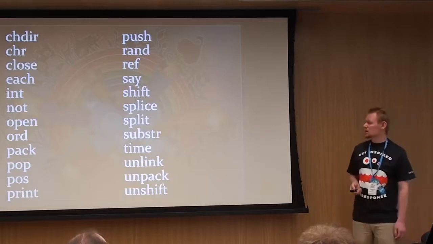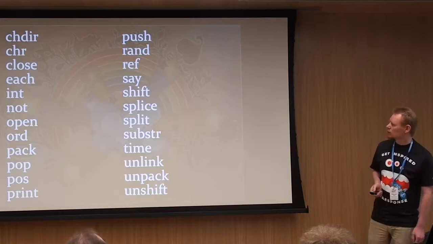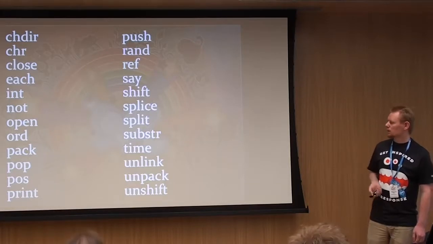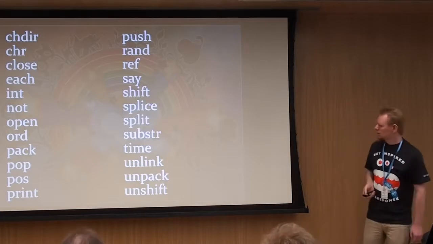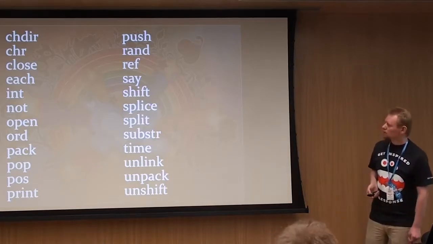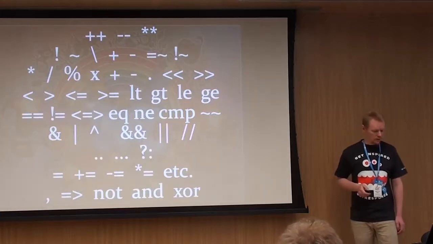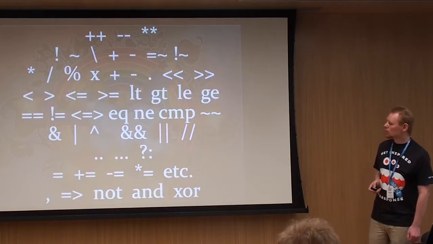There are a lot of builtins missing, and yeah, it takes a while to get these in, because all these nice builtins have their specialities, like reading from $_ if something is not passed, or other kinds of weirdness. And we have all these nice operators.